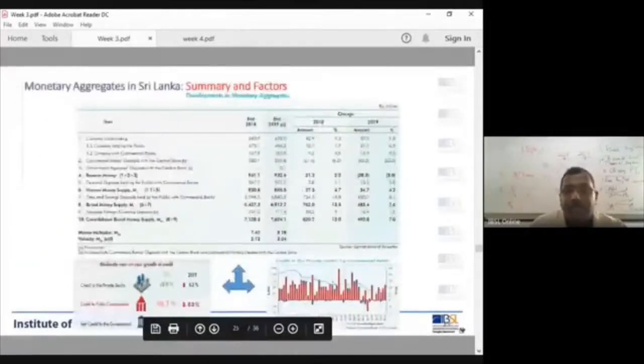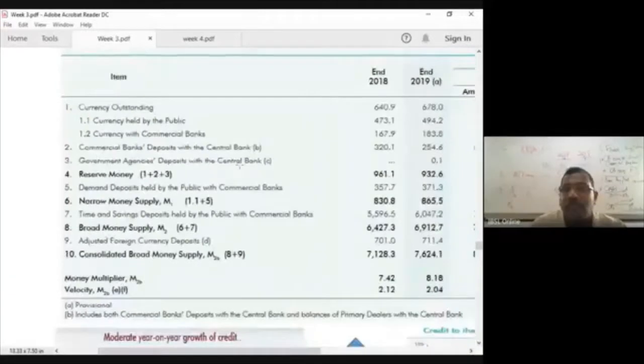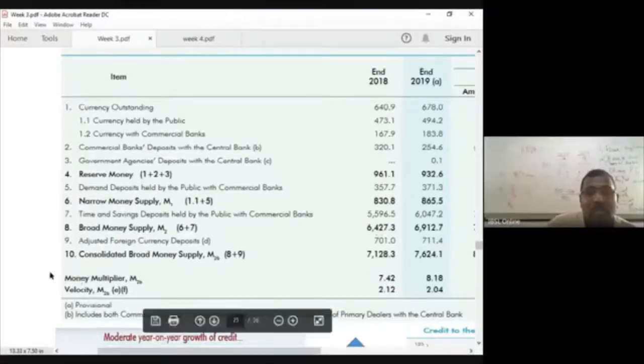And in the next chart, I have given you a summary of what I have already presented here. So what does this summary tell us? How to calculate reserve money, how to calculate narrow money, how to calculate broad money, and so on. This is actually directly from the annual report.